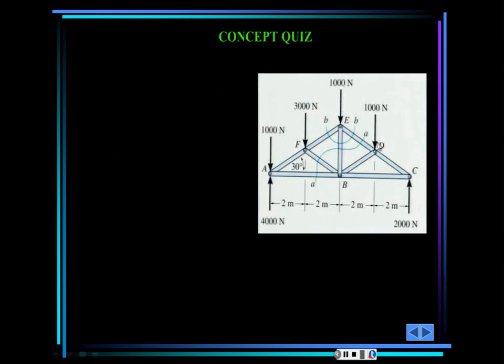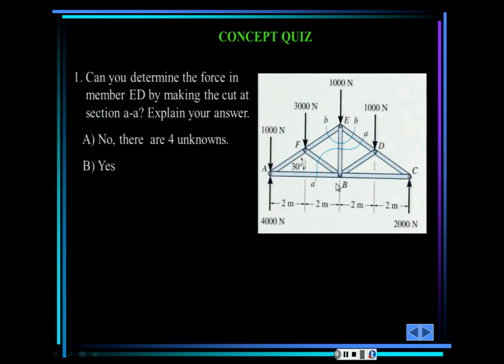For instance, look at this here. It says, can you determine the force in ED? ED is this bar, by making the cut in the section AA. And there are 4 unknowns, yes. Well, check this part.